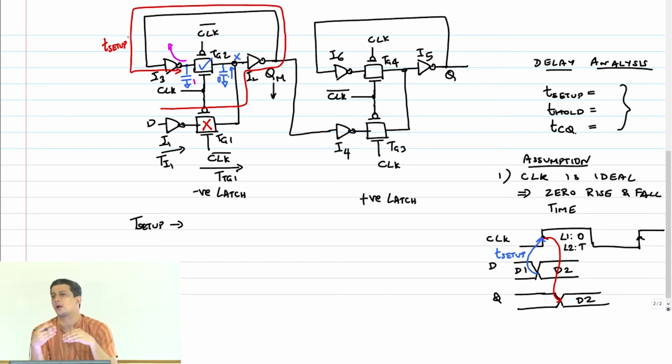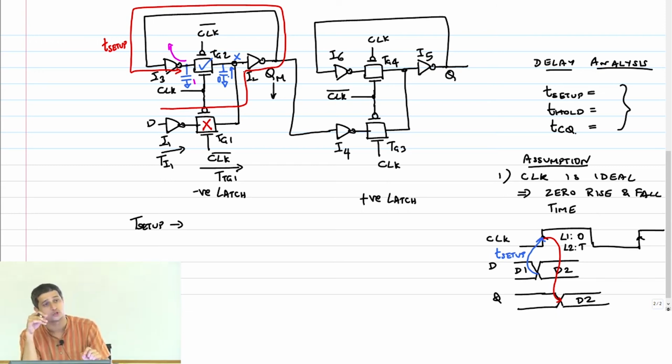Now in reality, the clocks may be non-ideal. It's not necessary that these two capacitors should always land up at a voltage which is wrong. It may land up at the right voltage because it depends on the trip point of I2, right? So it may be fine. It depends on that feedback path and all that. So in reality, I'll tell you how to do this characterization. But what we are doing now is a theoretical experiment, a thought experiment.